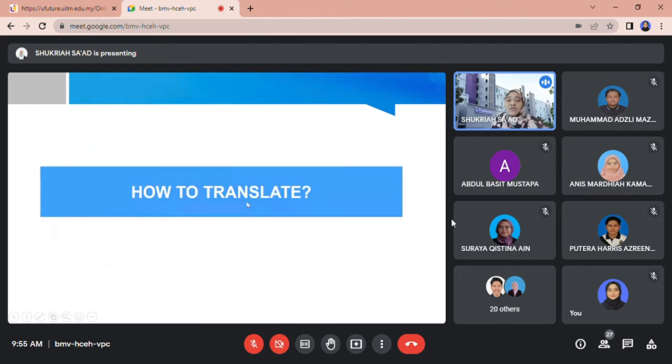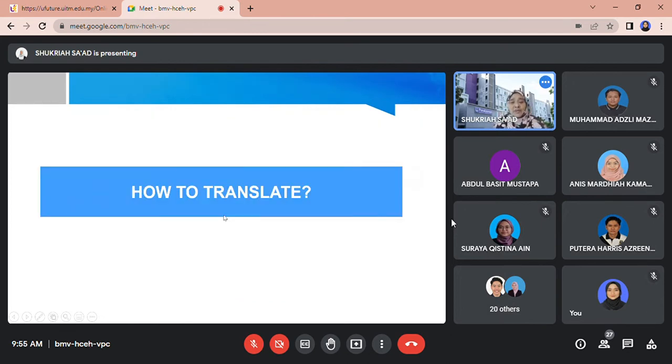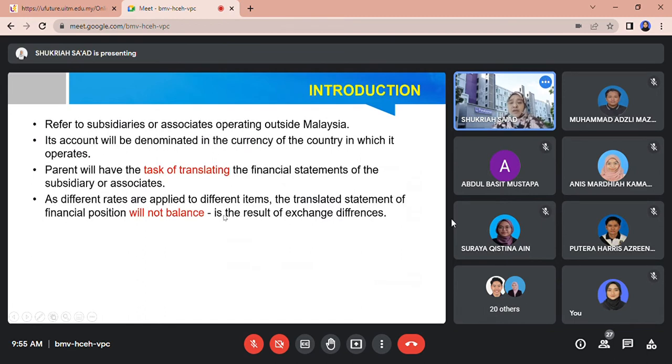Contoh, okay, saya tunjuk satu kat sini. Nampak? PPE guna date of purchase, revaluation date of revaluation, inventory date of reporting, exchange rate pada tarikh-tarikh ni. So setiap item they have their own exchange rate. So tak sama. Bila tak sama nanti, the translated statement of financial position tak pernah balance, sebabkan banyak sangat item with a different exchange rate.